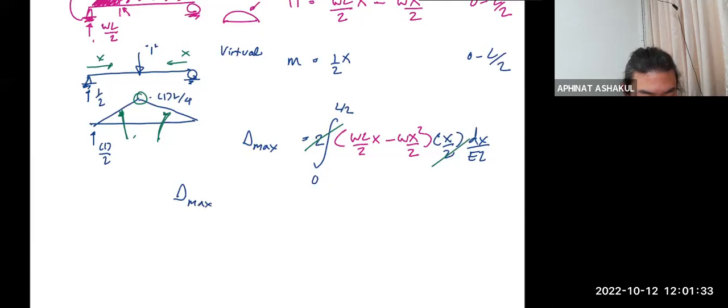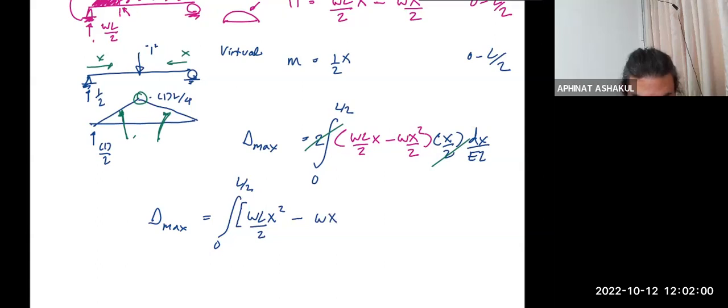So multiply it out. WL x squared over 2 minus WX cubed over 2.